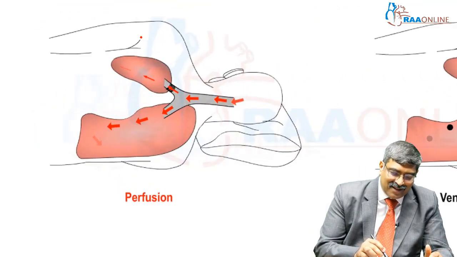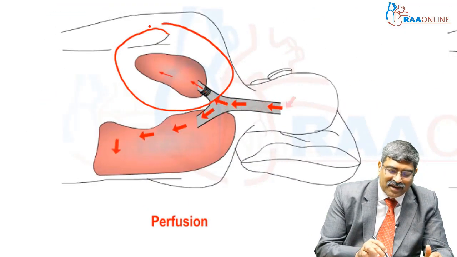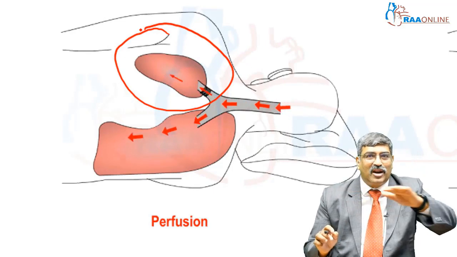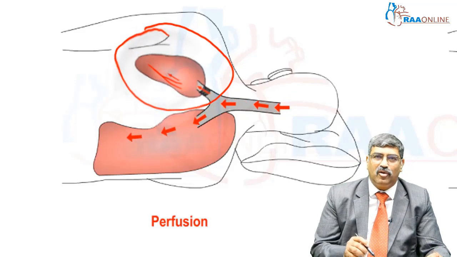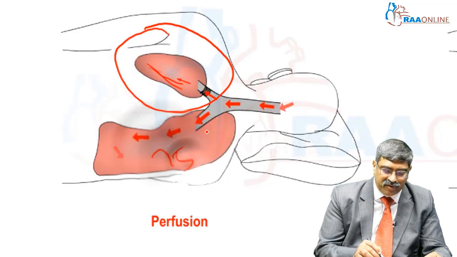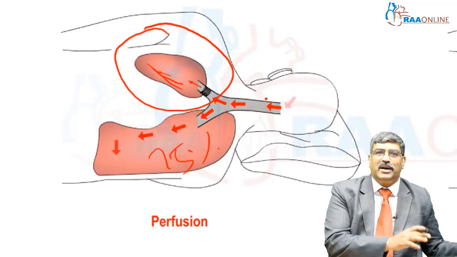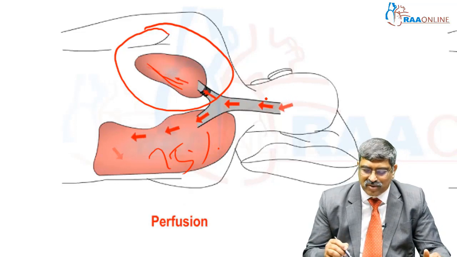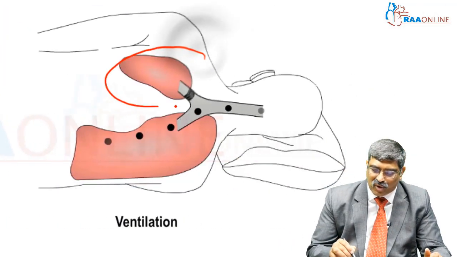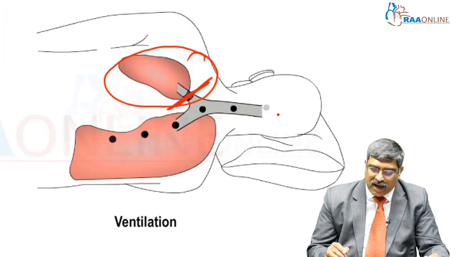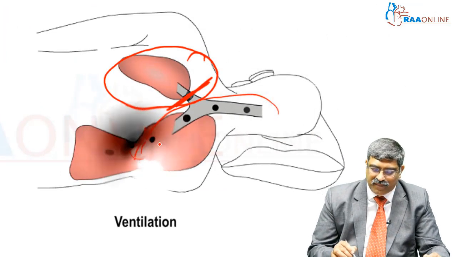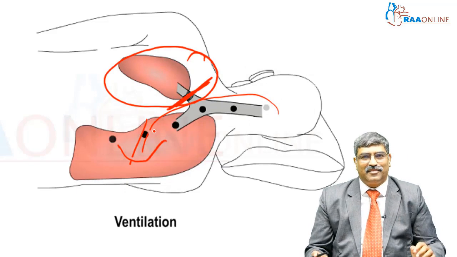Here the non-dependent lung ventilation is totally cut off, but it still receives some amount of blood flow. About 75% of perfusion will go to the dependent right lung. What happens to ventilation? The ventilation is totally cut off, and the entire ventilation goes to the dependent right lung.